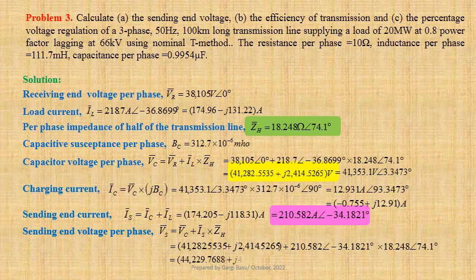44,229.7688 plus j times 4,880.3459 volt. This may be written in polar form as 44,498 volts at an angle 6.297 degree.